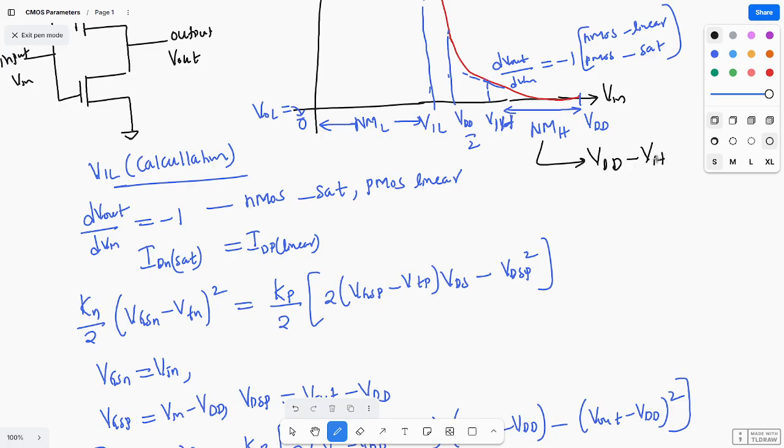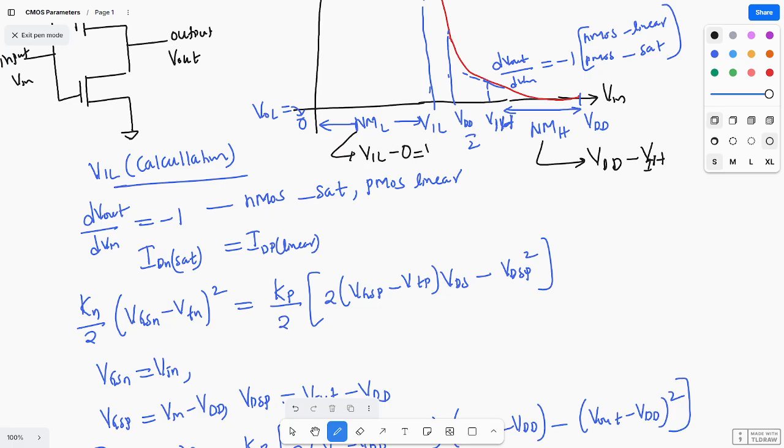For getting the noise margin high, you need to calculate VAH also. You need to consider the symmetrical CMOS and you need to consider VAH. And NML equal to VAL only. VAL minus 0.